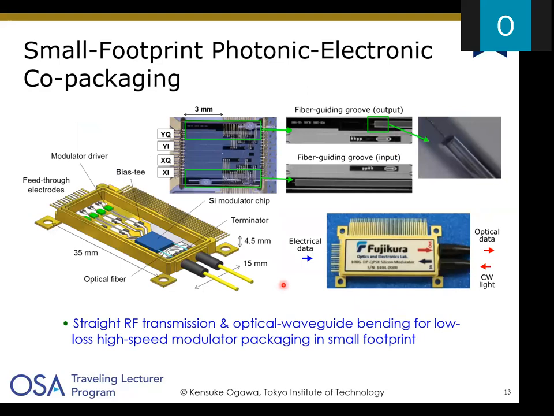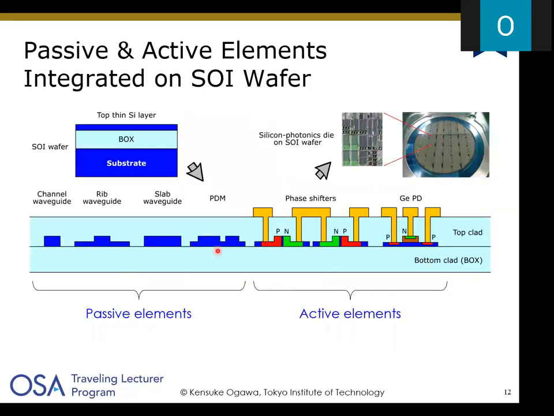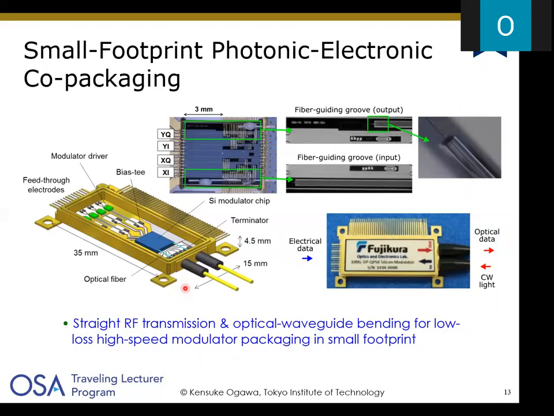So this is the integration scheme on a wafer. The wafer level integration for passive and active elements for the optical modulators and other elements in optical transceivers. And the other integration scheme is on-package or in-package integration, or co-packaging with a photonic circuit, like integrated optical modulators with electrical modulators, for example, modulator drivers and other electrical circuits.